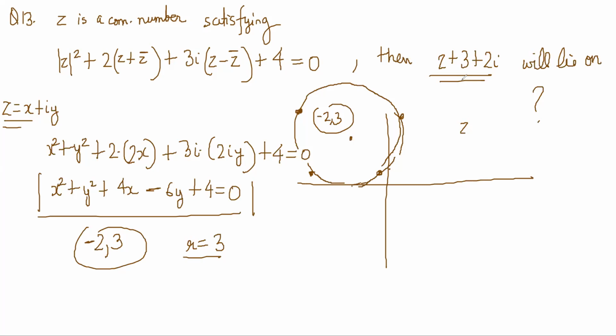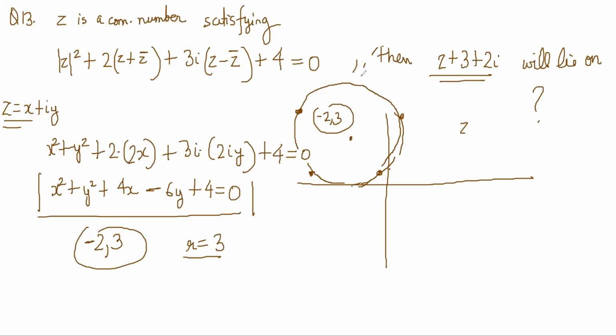The z is becoming 3 more in the x direction and 2 more up. Every point is shifting and becoming 3 in the x direction and 2 in this direction, right?